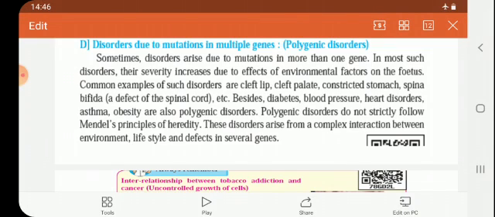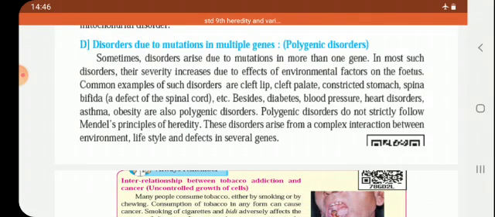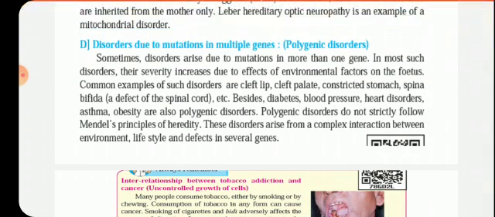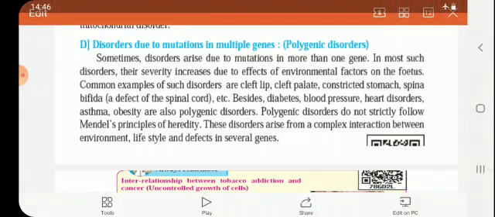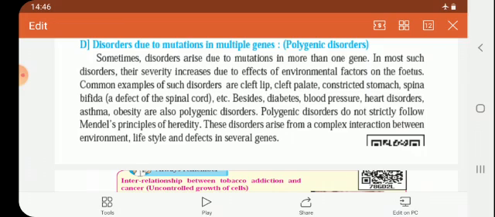Therein severity increases due to the effects of environmental factors on the fetus. If the environmental factor is not proper, at that time the fetus may have a disorder.